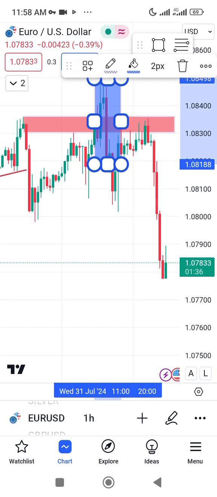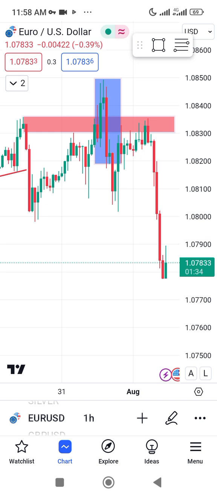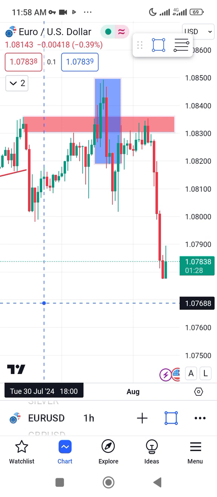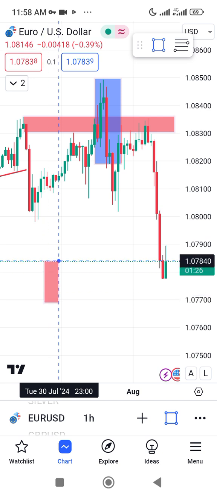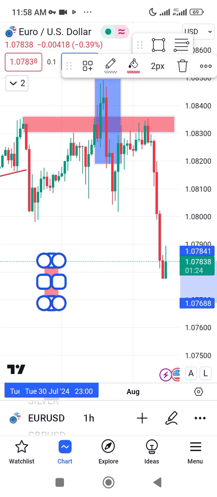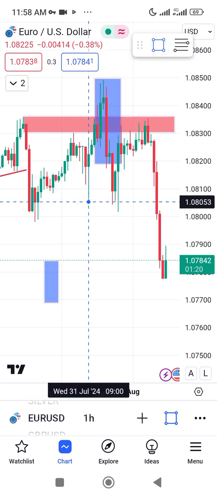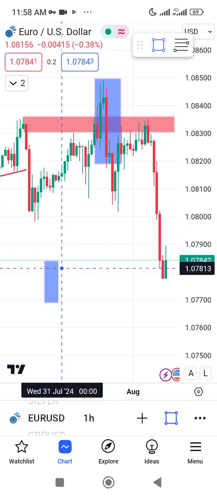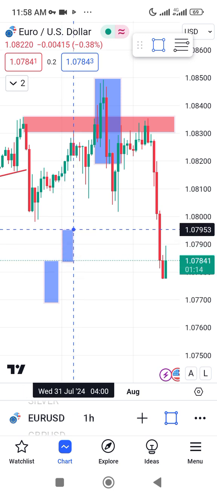Now take note of these three candlestick patterns that I just showed you. Let me draw it here. So this is a bullish candle, and here we have another bullish candle.